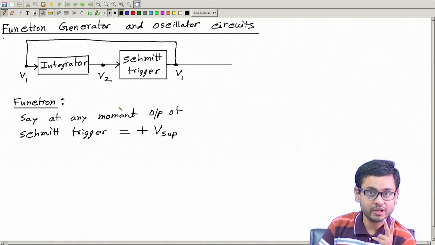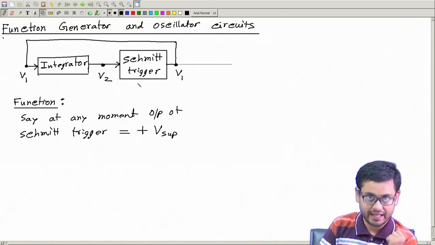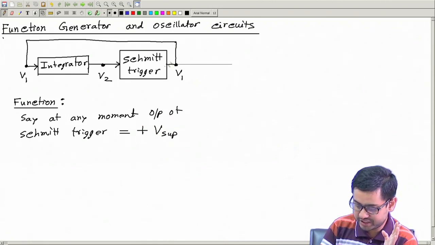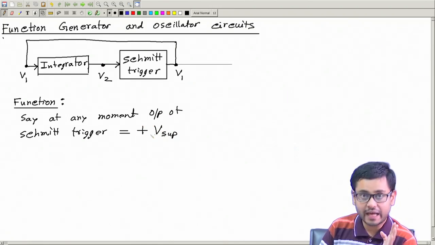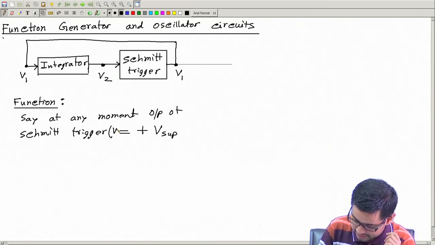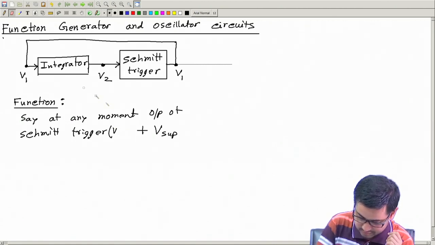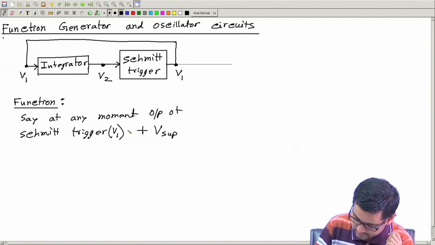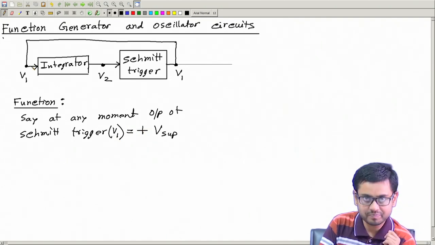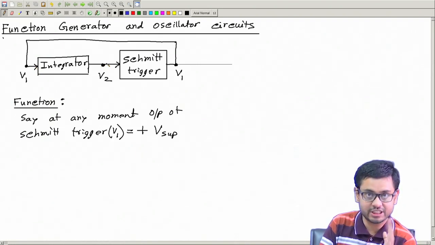These are the only two possible outputs that a Schmitt trigger has. Say at any moment the output of the Schmitt trigger is plus V supply, and this is equal to V1. So V1 is plus V supply, and so this will come here. Therefore, the output here will change continuously.